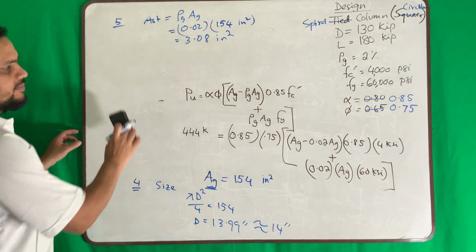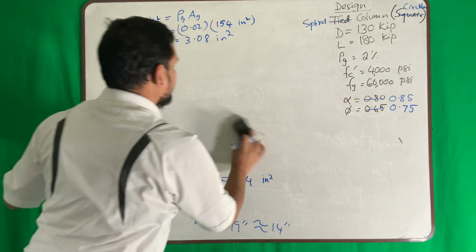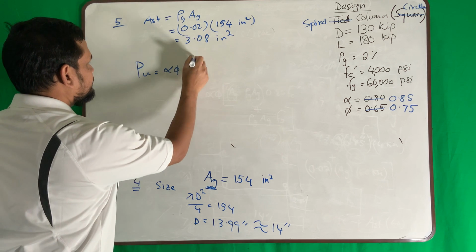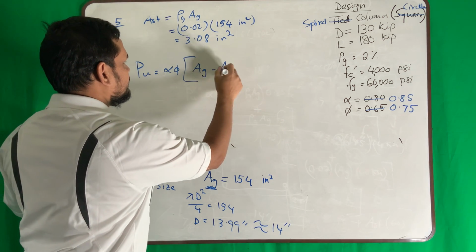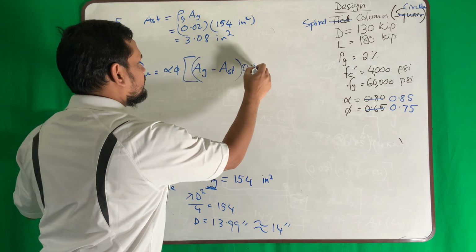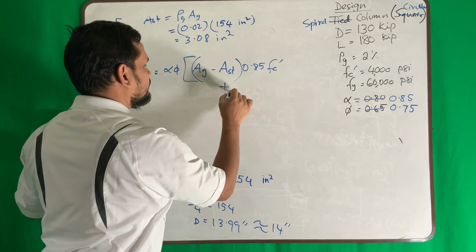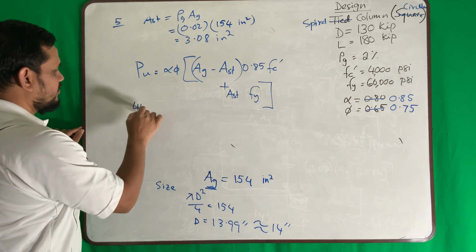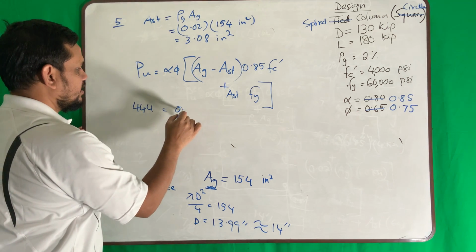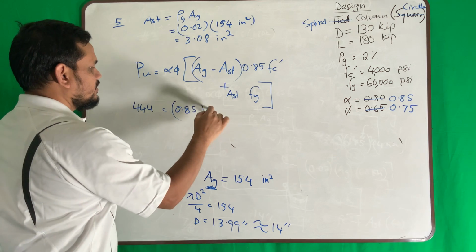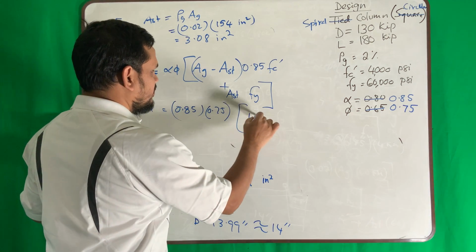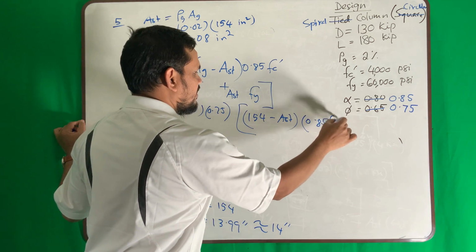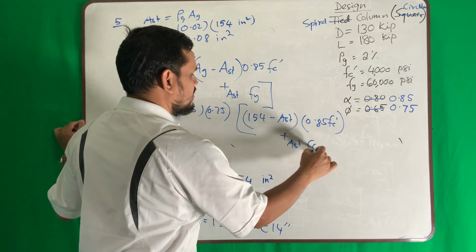Now, if it is not the same, then what will we do? We will use the other equation. In my previous video, I showed the other equation, that is this equation. So in this equation, if I use 4, 4, 4, this is 0.85, this is 0.75, gross area is 154, AST, 0.85 F prime C, AST, 60.